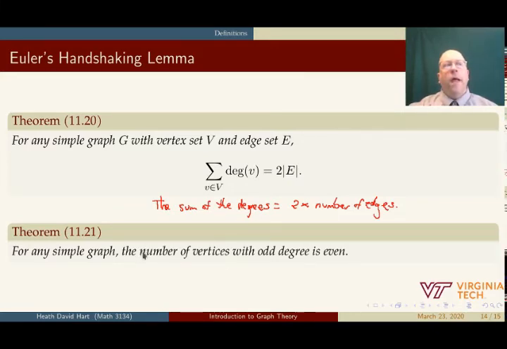And as a result of that, for any simple graph, the number of vertices with odd degree has to be an even number. Let's look at an example, and then we'll talk about how we would prove this theorem.